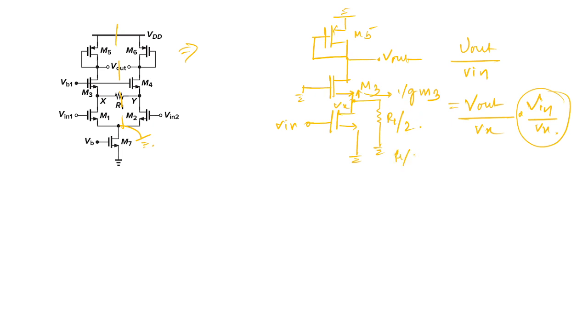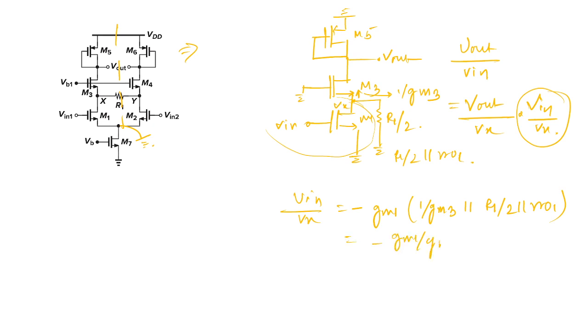R1 by 2 in parallel with RO1. So this acts as a common source structure whose gain will be Vx by V in is minus Gm1 into 1 by Gm3 parallel R1 by 2 parallel RO1. So effectively its value will be Gm1 by Gm3.